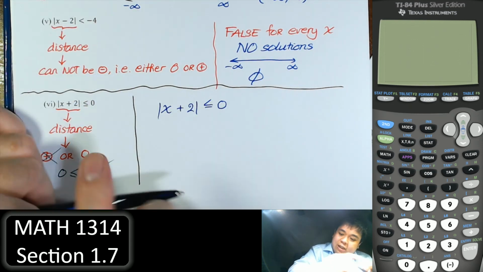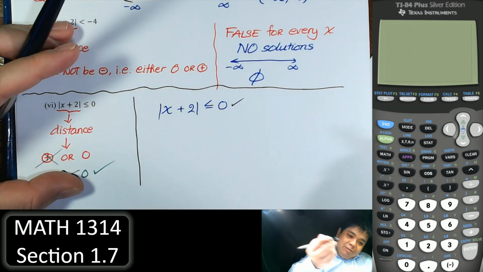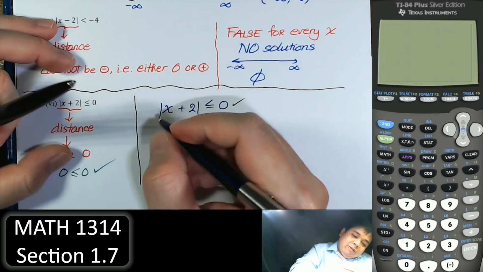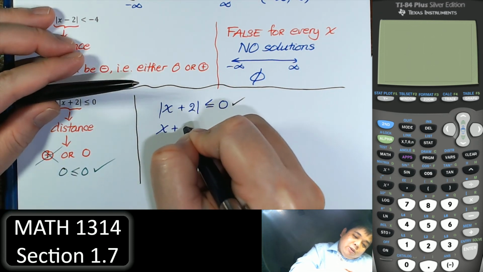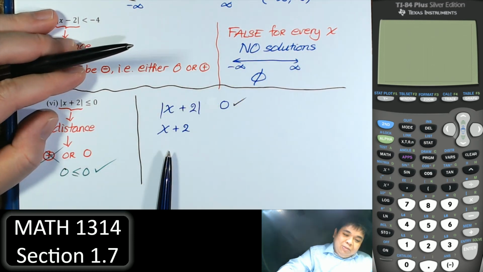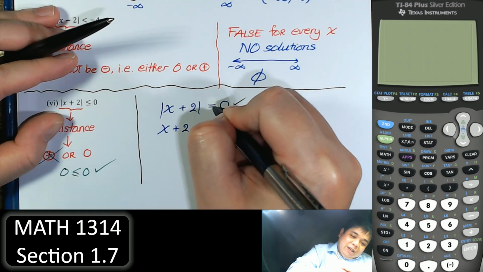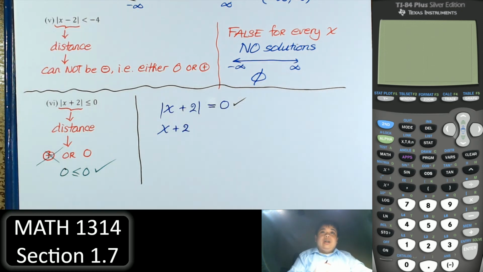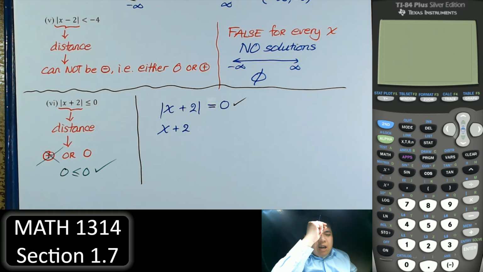So in this case we have x plus 2. Actually, just say equal to in this case, because that's all we have. Now, if it is equal to 0, the equation is a little bit slightly different than the inequality.